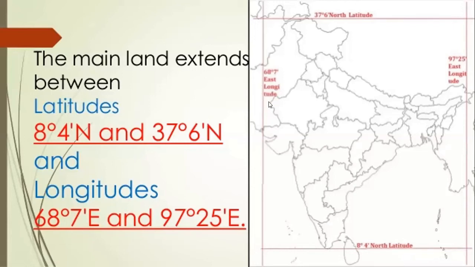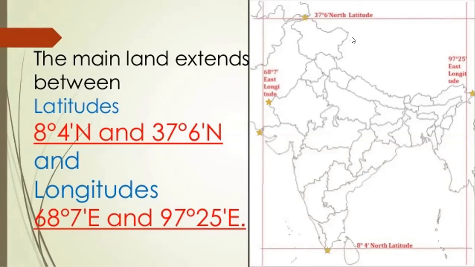Okay, so if you look over here, this is the westmost point, that is Gujarat, to the eastmost point, that would be Arunachal Pradesh. Again, the topmost point will be Kashmir, to the bottommost point, the southmost point, which will be Kanyakumari.